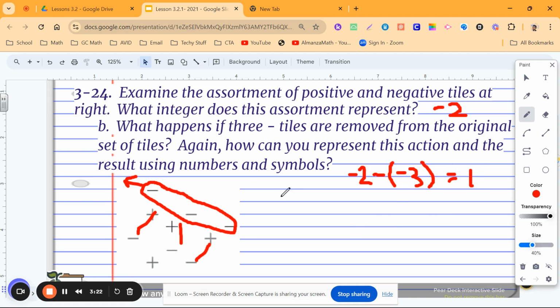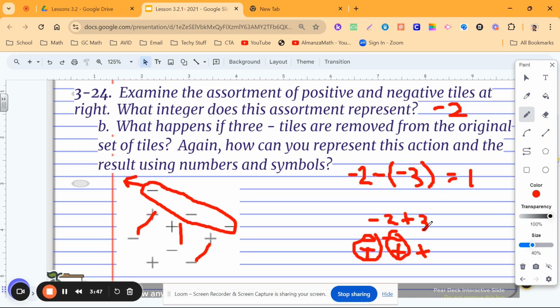All right, so this problem shows -2 minus -3. Okay, and again, different from -2 plus 3. Even though -2 plus 3 gives me the same result, here's a 0 pair, here's a 0 pair, I still get 1, but this is -2 plus 3.